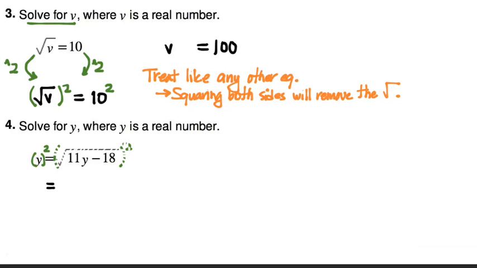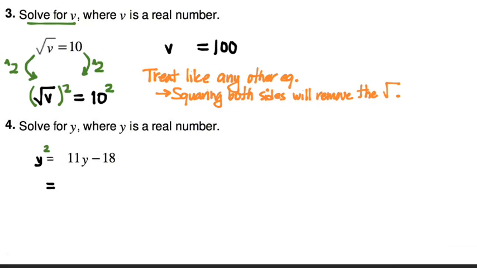After the square root and the square do their magic. Yeah, exactly. So the square root and the square are gone. I don't really need these green parentheses over here. And so what I end up with is, on the right-hand side, I'm left with just 11y minus 18. And on the left-hand side, I have y squared.